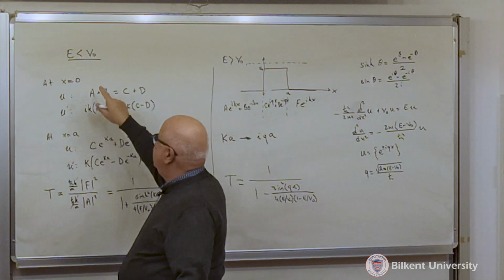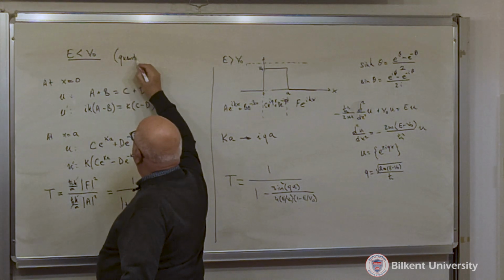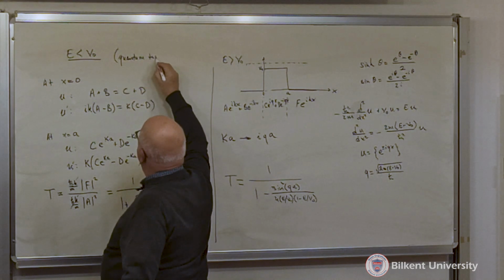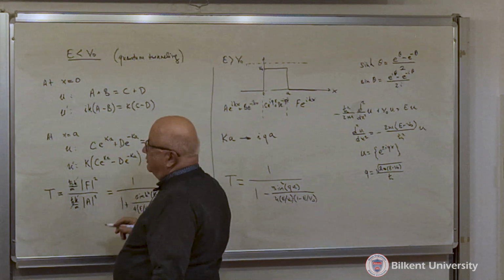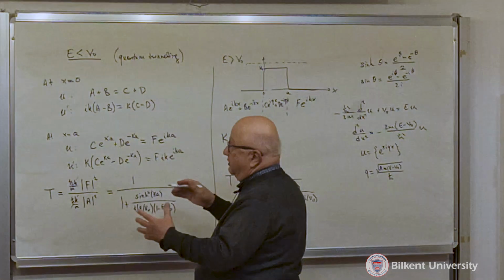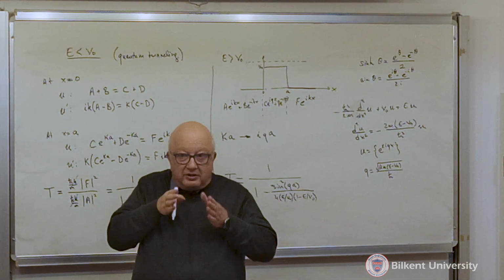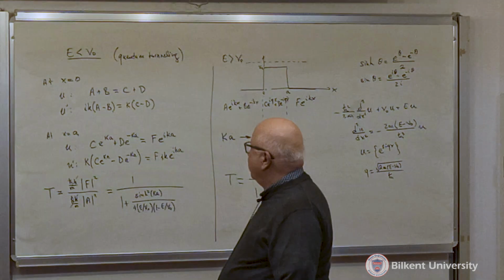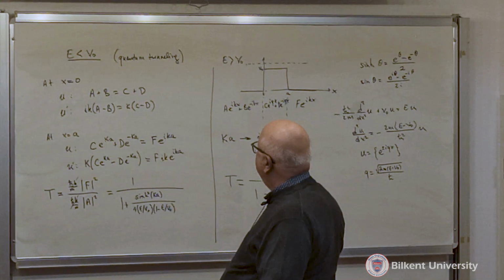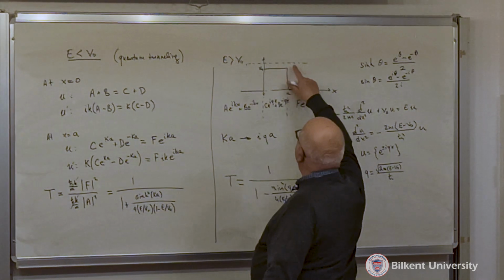So this is the case when I have quantum tunneling. Tunneling in the sense that this particle doesn't have enough energy to go over the barrier, so it constructs a tunnel through the barrier. And over here I am above the energy limit.